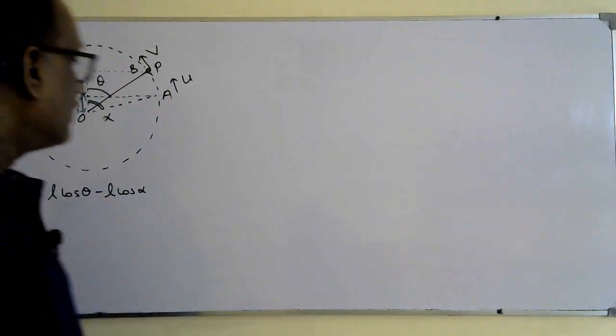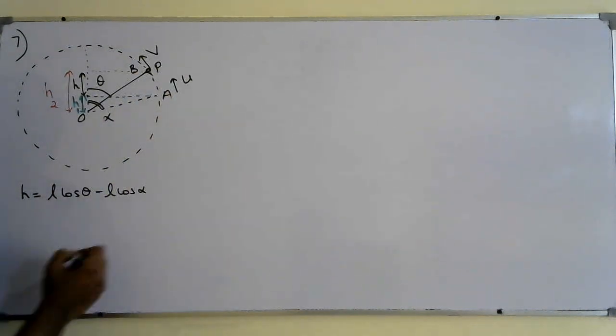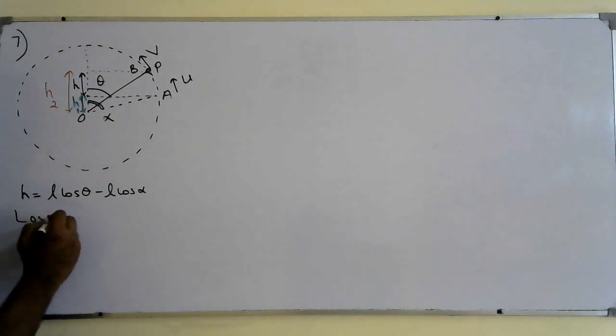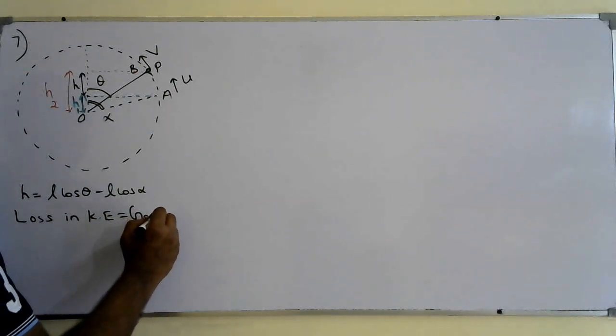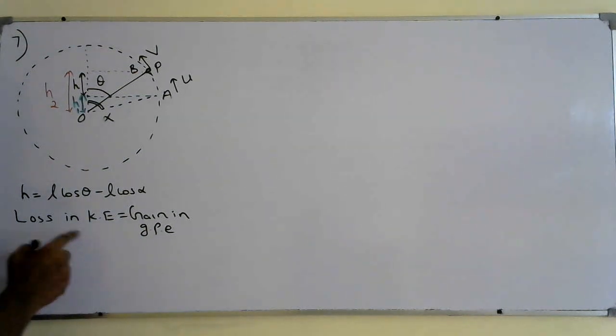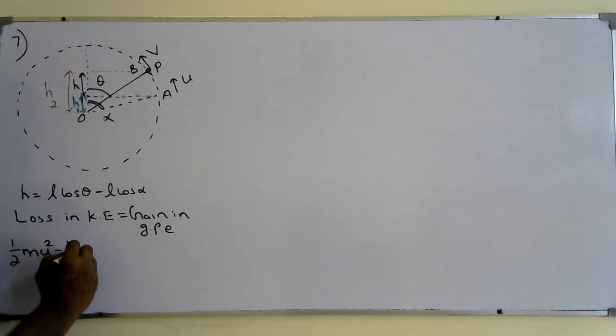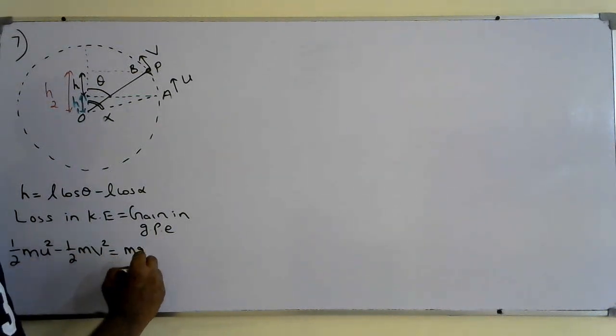So we can write the energy equation for the motion from A to B. Loss in kinetic energy equals gain in gravitational potential energy. Loss in kinetic energy is half m u squared, initial, minus half m v squared, final, which equals the gain in GP, m g h.